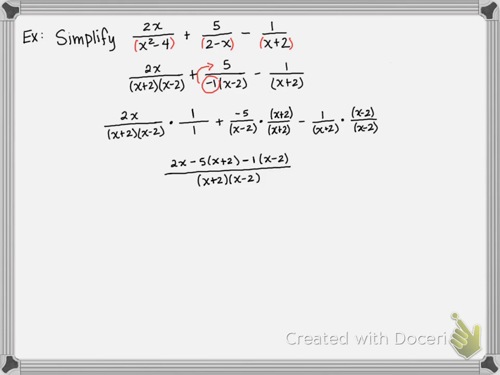And now we'll distribute. So 2x minus 5x minus 10 minus x plus 2 all over my common denominator. What is that? -3, -4. Oh, this is exciting.